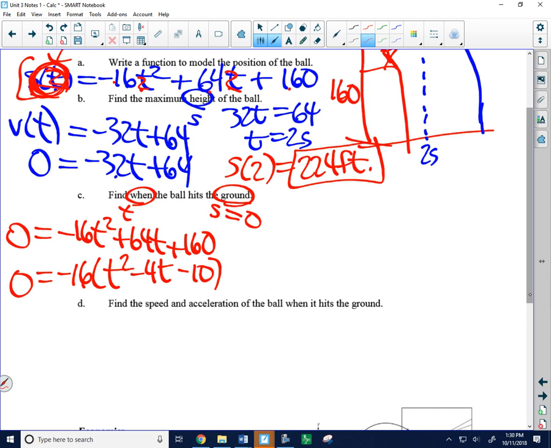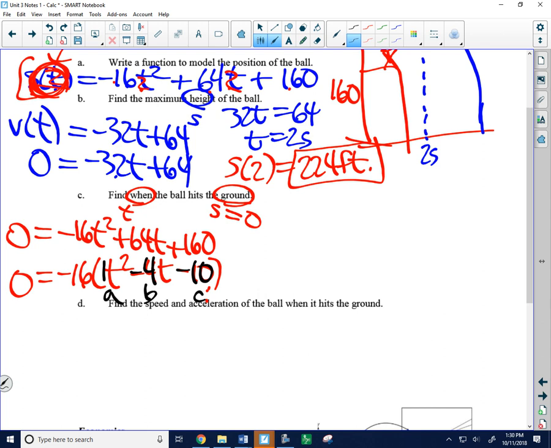Now, factoring here, 1 and 10 wouldn't work, and 2 and 5 don't work either. So we do have to do the quadratic formula. My A is 1, my B is negative 4, and my C is negative 10. And I'll work this one out.